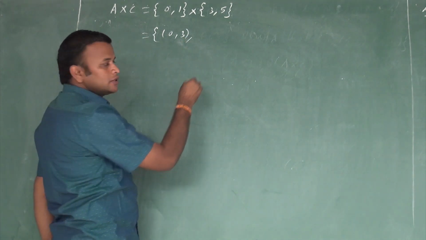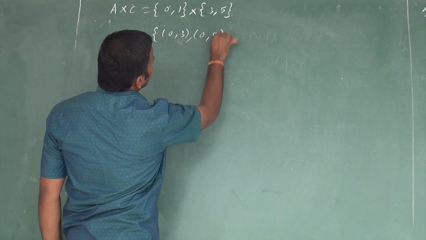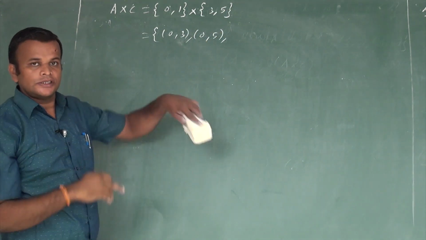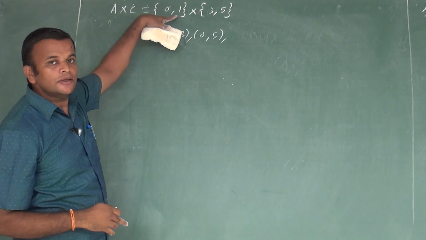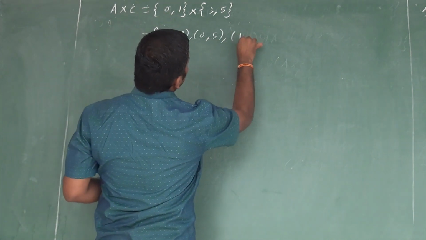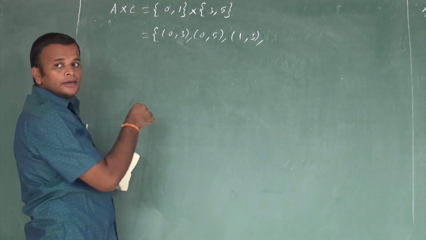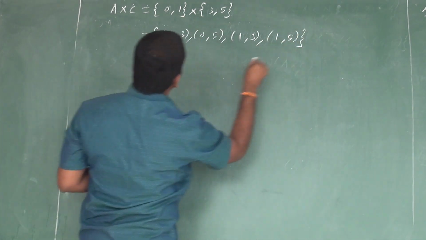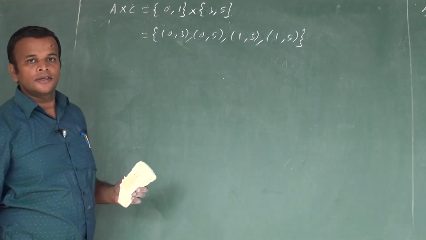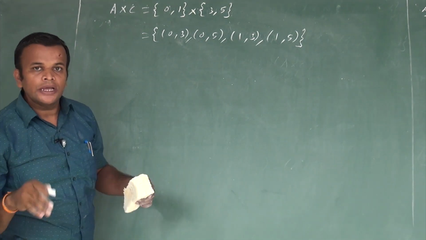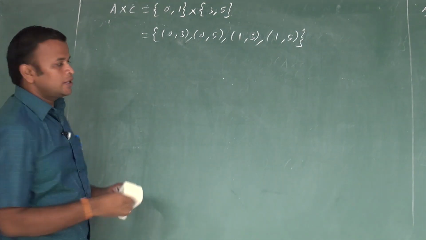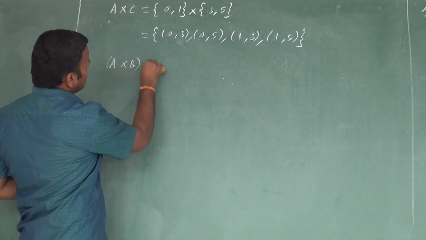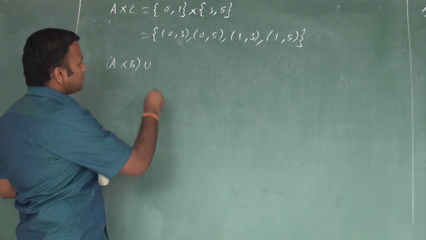Next one is 0 comma 5. Over. We move to the second element of the first set, which is 1: 1 comma 3, then 1 comma 5. So this is the value of A cross C. Now we find the union of these two sets, A cross B union A cross C.